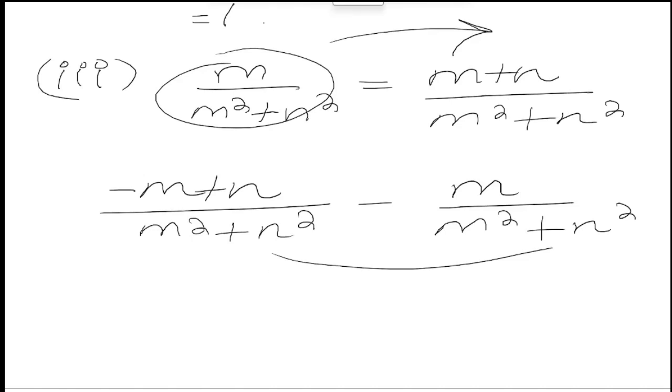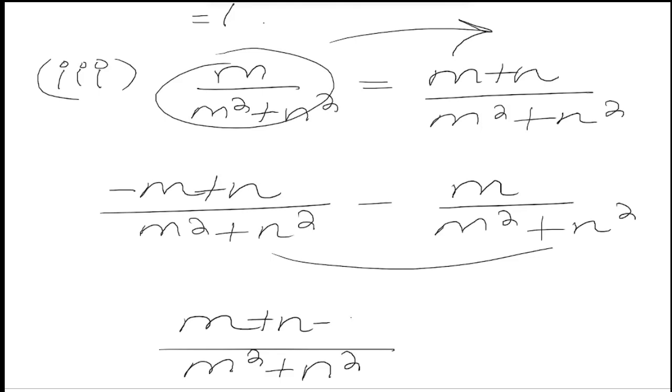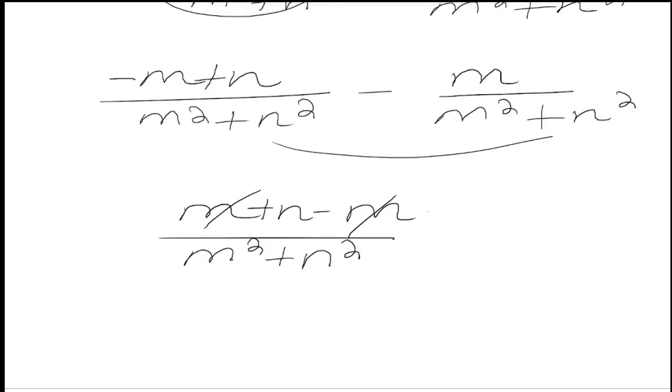It will be converted to subtraction because I moved this expression from the right to the left. Okay, now let's just write the denominator as it is, which is m square plus n square. After doing that, we will just have m plus n minus m. So m and m will get cancelled and that leaves us with n over m square plus n square. So this is our answer.